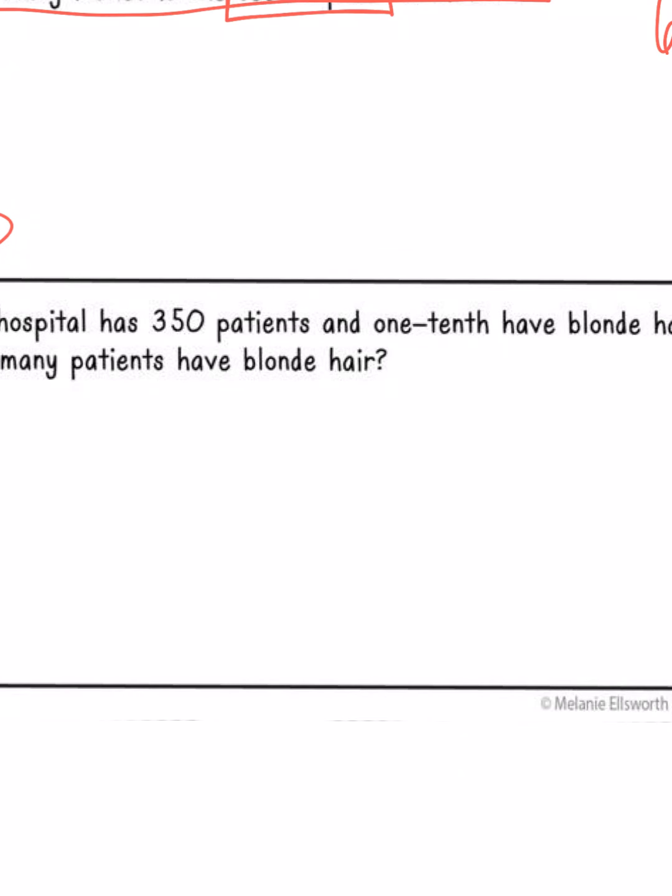Okay, last one. The hospital has 350 patients and 1/10 have blonde hair. So 350 patients, 1/10. How many patients have blonde hair? Ty, what do I do? I think I take away the 0. You took away the 0.